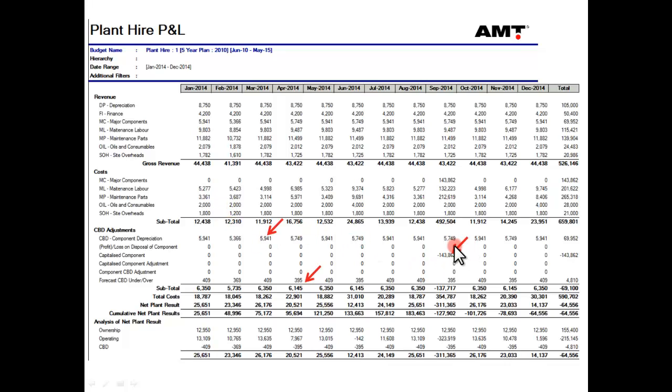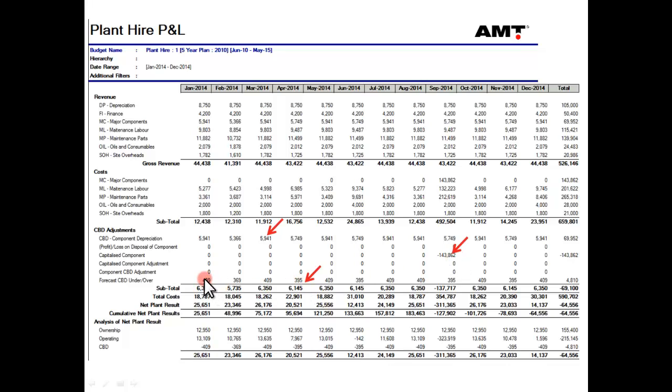The second point to highlight is, in this month here, you've got a capitalized component being transferred out of 143,000. So this line here is your cost being incurred for your major components. And it's 0, 0 all the way through, and then bam, you've got a big cost here. That cost is journalized out and charged effectively to the provision account. So those are those journals 3 and 4 that we looked at earlier.